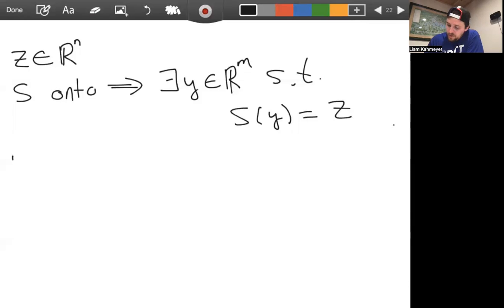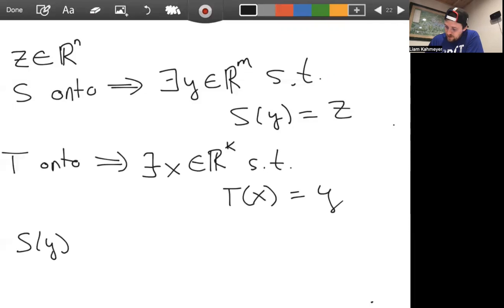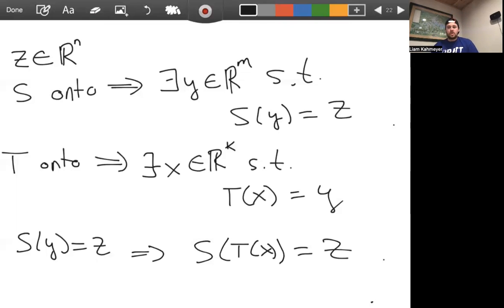Okay, but then what? Well, we also have that T is onto, right? By assumption. That implies there exists an X in Rk such that T of X equals Y. Well, then let's look at the formula S of Y equals Z. If there exists an X such that T of X equals Y, then this implies that S of T of X equals Z. And now we've shown that for every Z in Rn, we can find a point X such that S of T of X is equal to Z. So that's proven surjectivity, right?